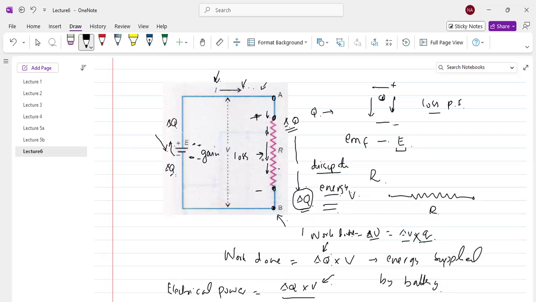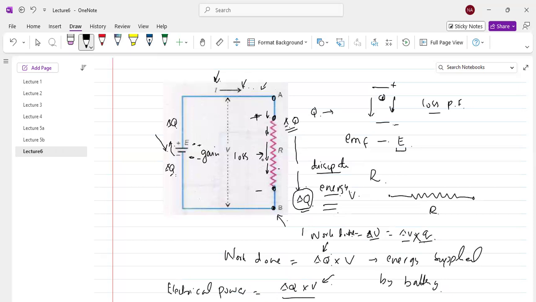So instead of gaining kinetic energy, these charges will move with constant velocity, and the potential energy lost by those charges appears in the form of heat energy, or is dissipated in the form of heat energy. So this was the basic idea due to which, whenever charged particles move from high potential end to low potential end through a resistor, they lose energy.